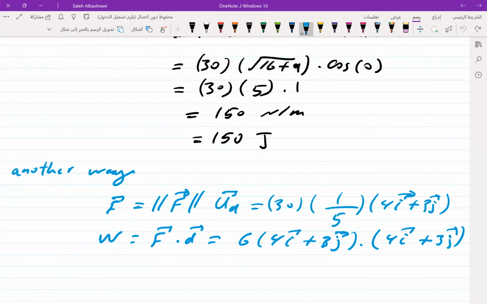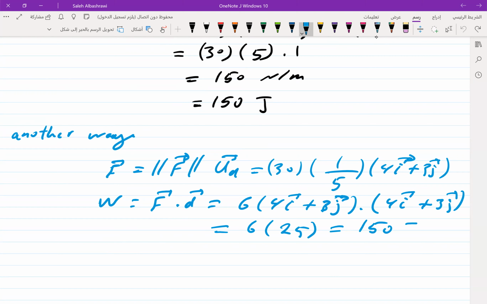And this will be 6 multiplied by 25, which is equal to 150. So another way to find the work is to find the vector F by multiplying the magnitude of F with the unit vector of the displacement. Then apply the formula, W is equal to F dot D. That will give me the same answer, 150 joules.